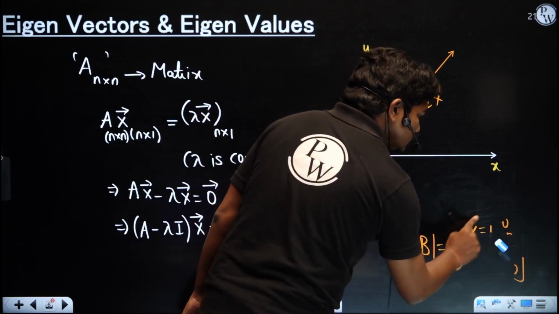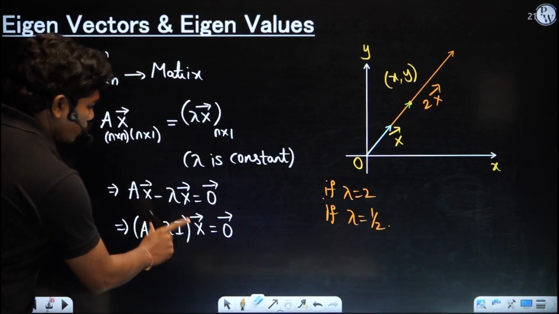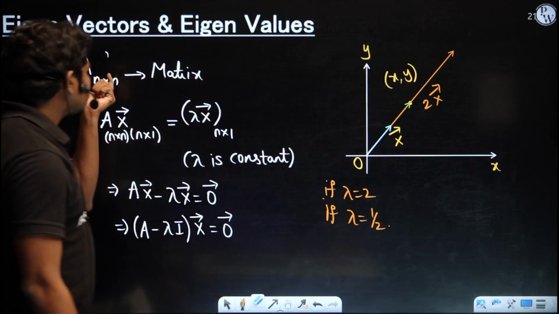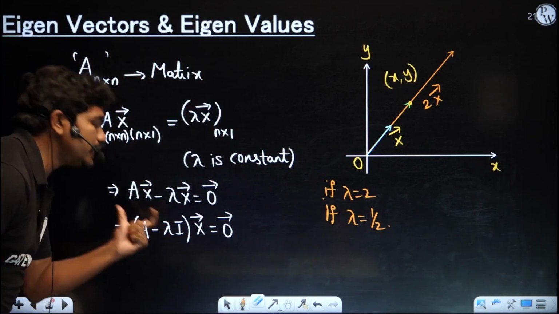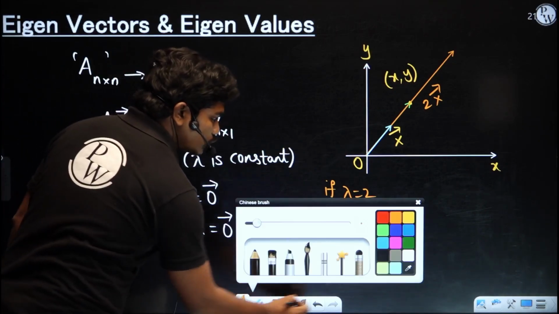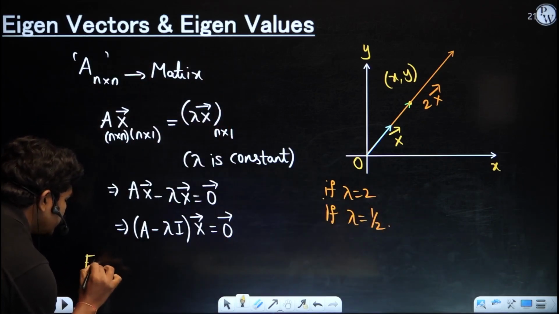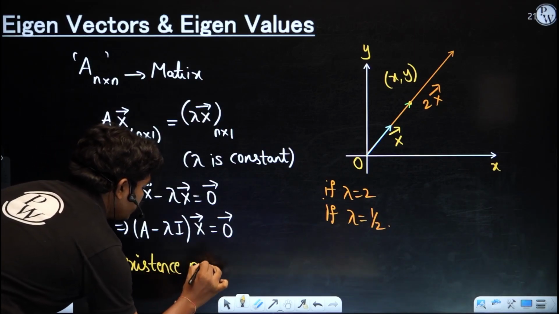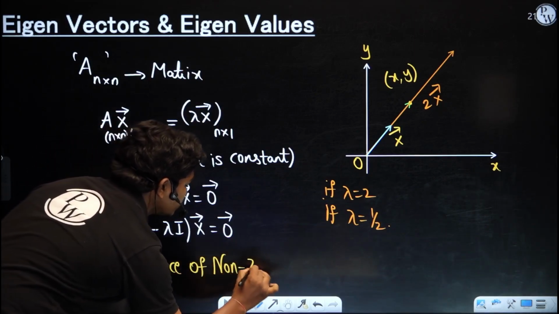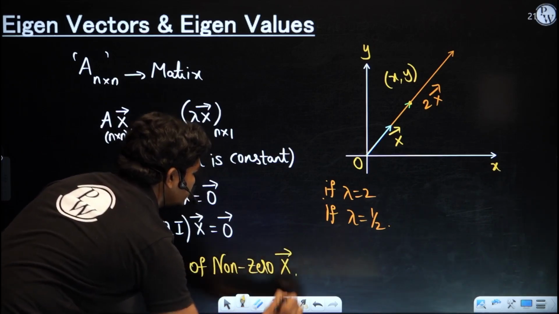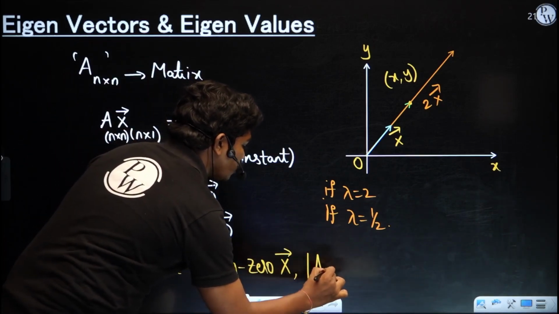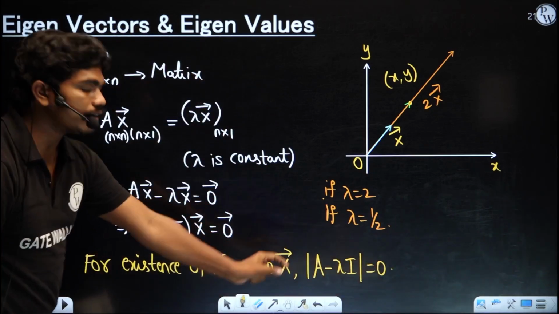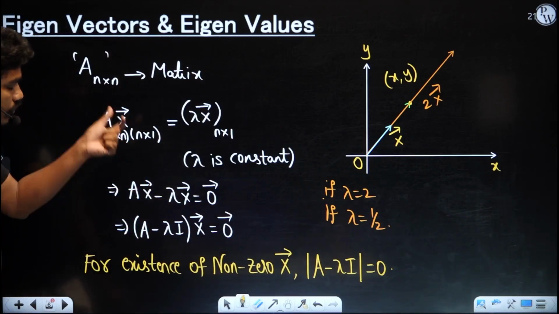Using this point of consistency of equations, if you want some particular directions x bar for the given matrix, the coefficient determinant should be 0. For the existence of non-zero x bar, the determinant of A minus lambda I should be 0. That's how the characteristic equation gets generated for this given system.